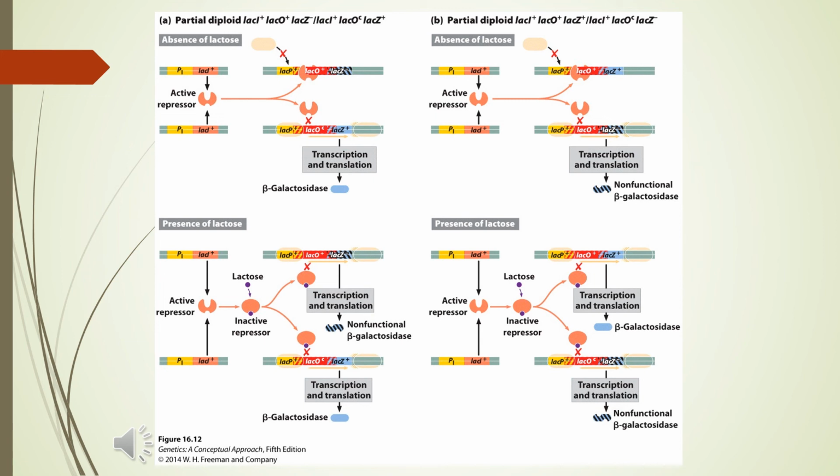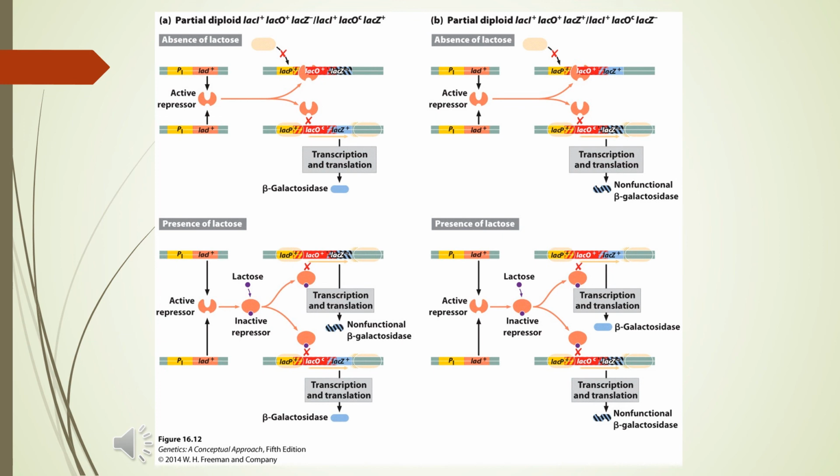Here lac O is plus, while the other lac O is constitutive, it is mutated. So in the first stage the active repressor binds to the operator region and blocks RNA polymerase, so no beta galactosidase will be produced.